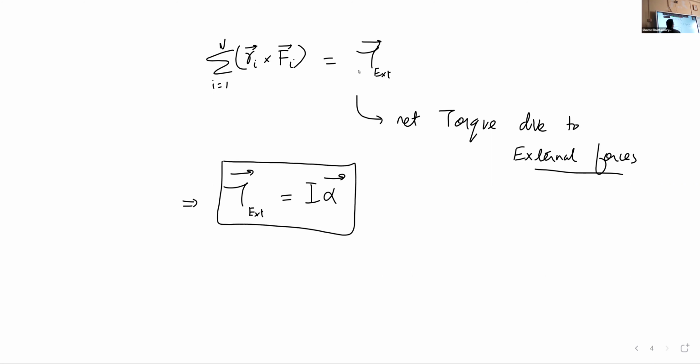This becomes the dynamical equation, or the equivalent of Newton's second law, for a rigid body which is rotating about a fixed axis.